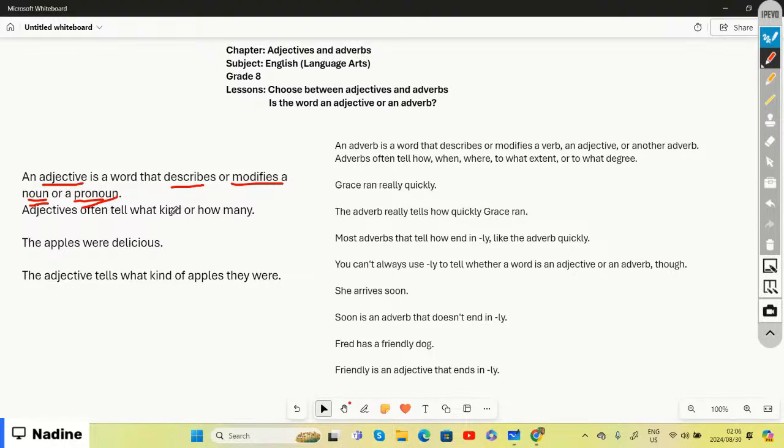And adjectives often tell you what kind, or they will tell you how many.